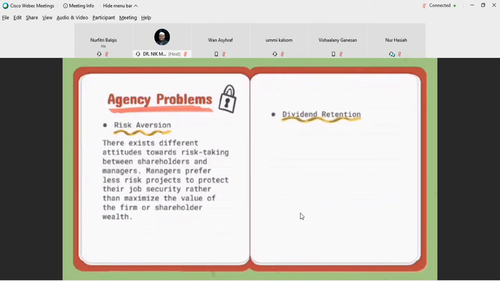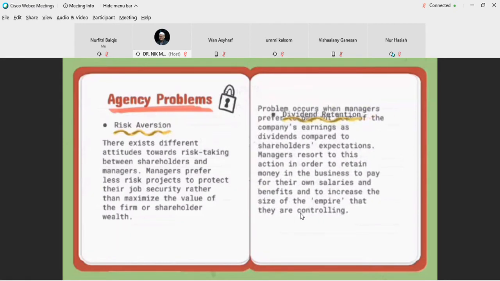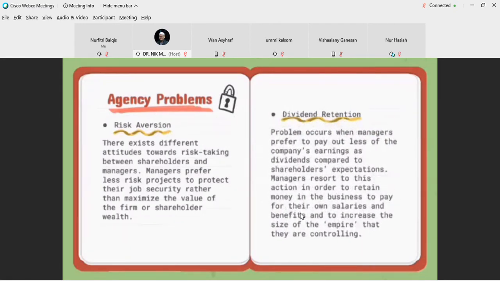Dividend retention. The problem occurs when managers prefer to pay out less of the company's earnings as dividends compared to shareholders' expectations. Managers resort to this action in order to retain money in the business, to pay for their own salaries and benefits, and to increase the size of the empire that they are controlling.